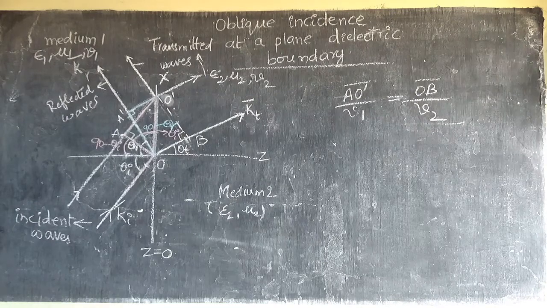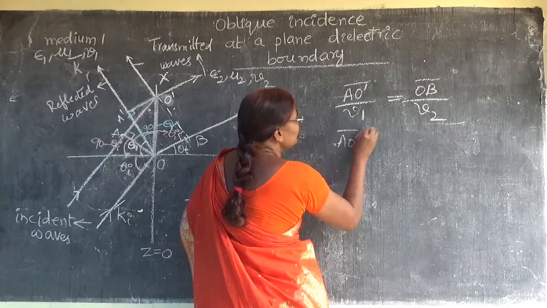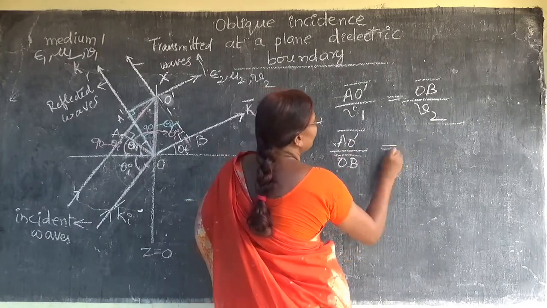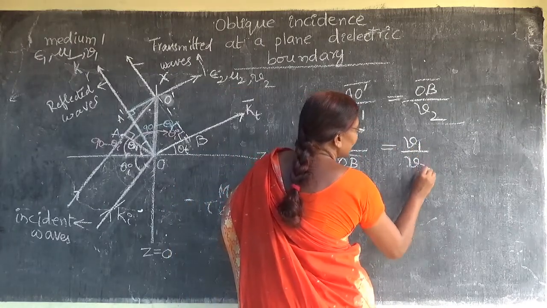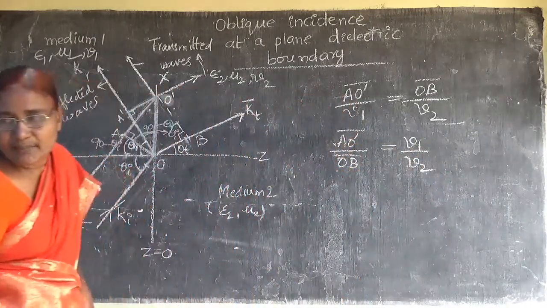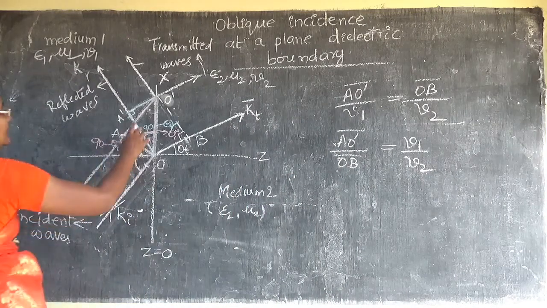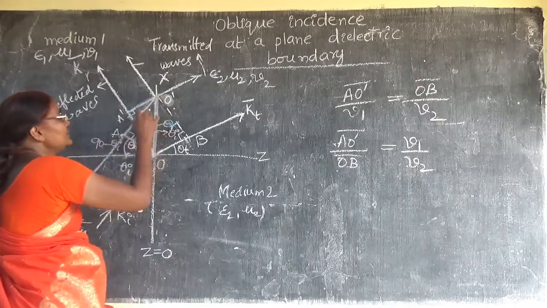Now, if I rearrange this, AO dash by OB bar must be equal to V1 by V2. Now I can write this in terms of angles.